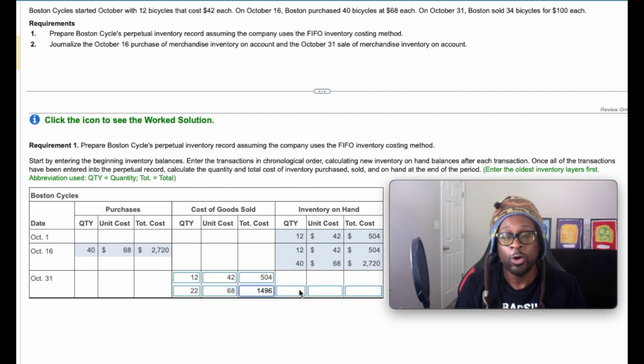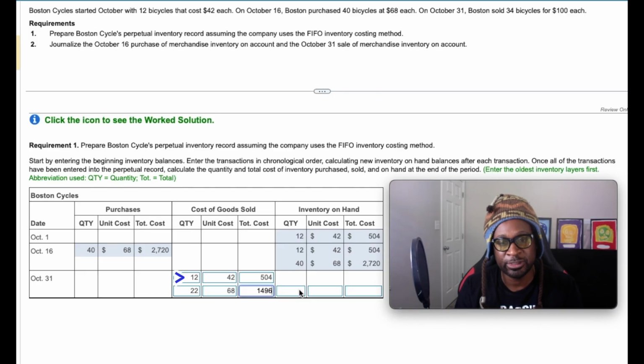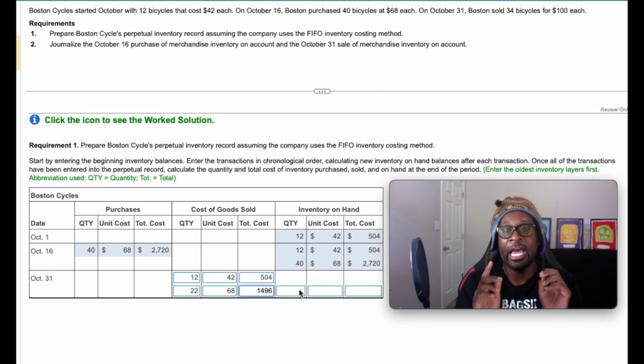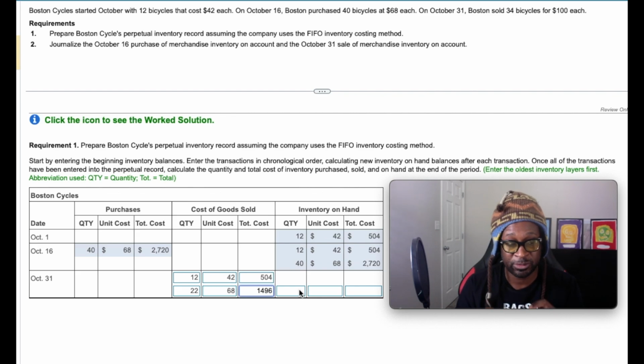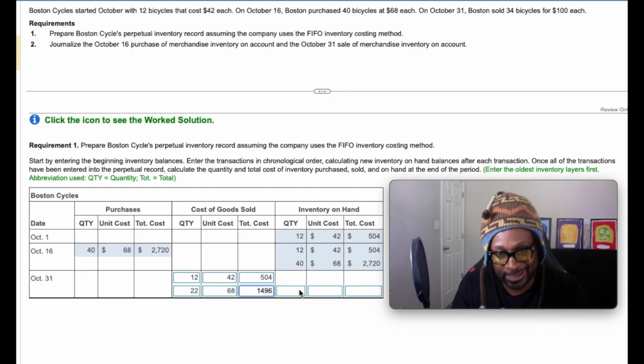So here's the deal. We've already sold all of our beginning inventory units, the 12 units at $42. We just finished selling 22 units from the purchase at $68. So how many units do we have left from that purchase on October 16th with a cost of $68? If we take the 40 and subtract the 22, that leaves us with 18, gang.